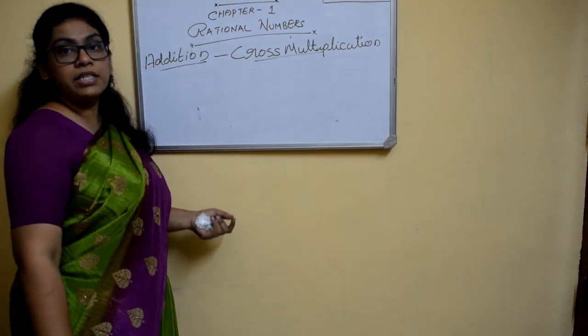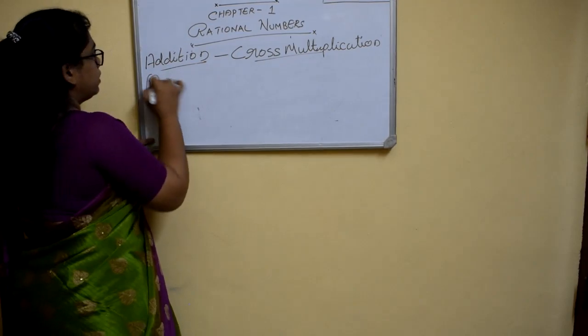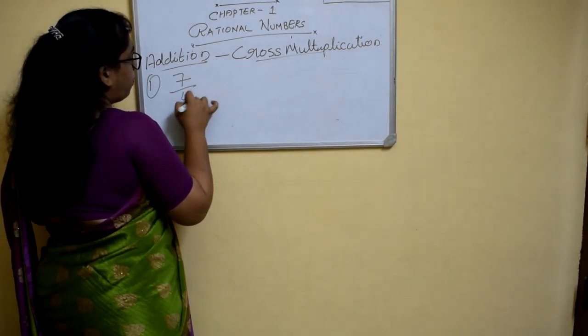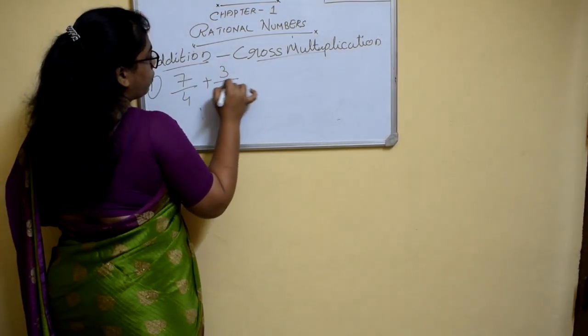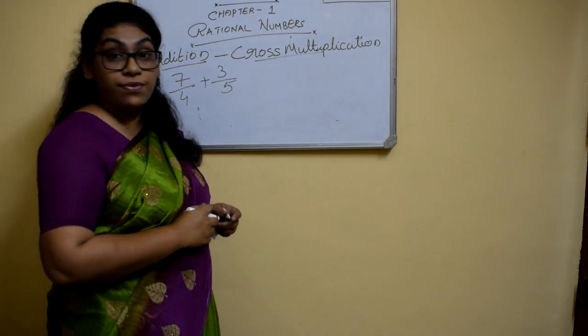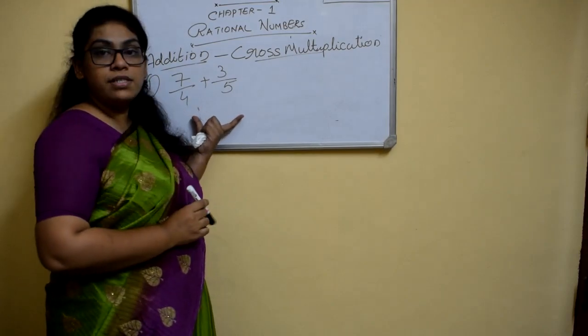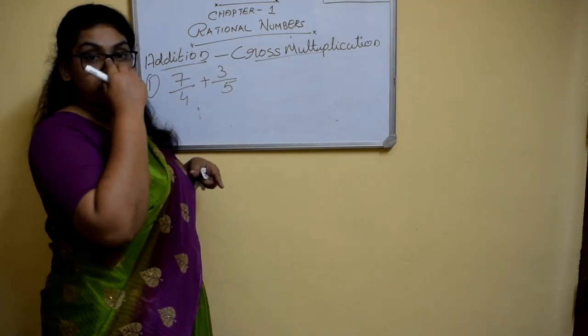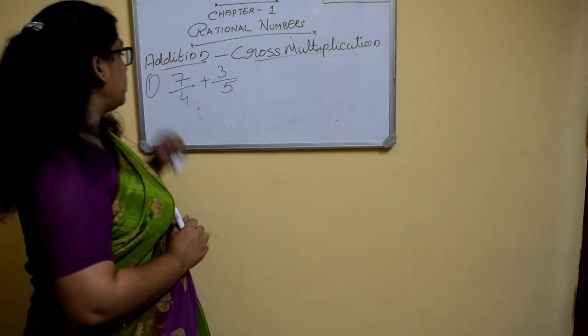Cross multiplication, how can we do it? First question, 7 by 4 plus 3 by 5. First we should check the denominators. Both denominators are different and the numerators are also different, but we will do it in this case.